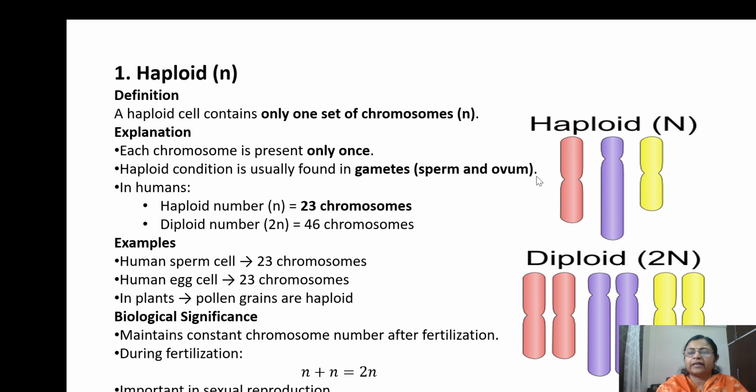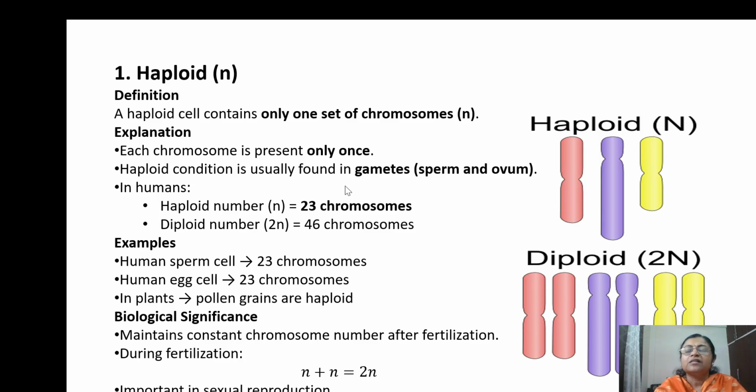So in this diagram, in this image, you can see that only a single chromosome is present in the cell. At that time, it is known as a haploid cell. So each chromosome is present only once. Haploid condition is usually found in gametes.